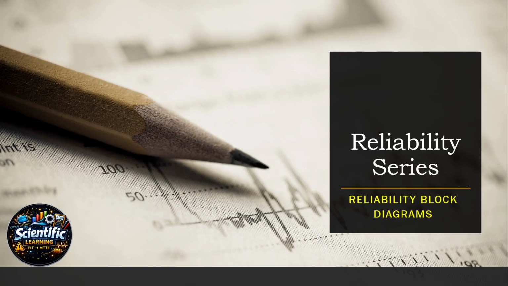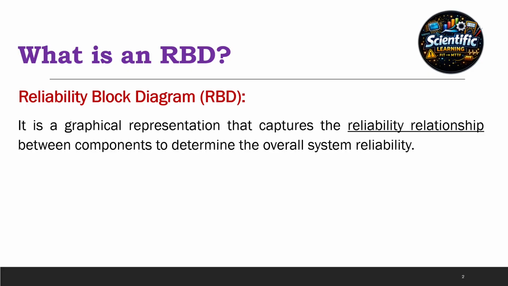Hello everyone. In this video, we will understand an important topic in reliability engineering, which is reliability block diagrams explained with practical examples. So what is an RBD? By definition, a reliability block diagram is a graphical representation that captures the reliability relationship between components to determine the overall system reliability.